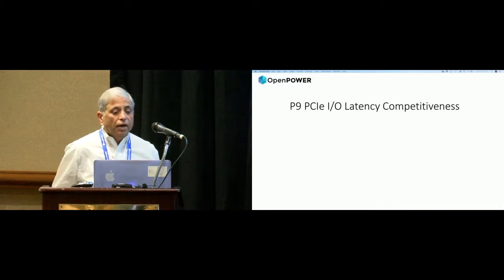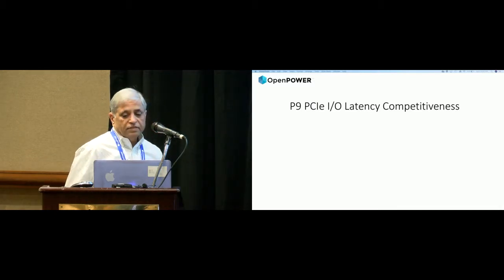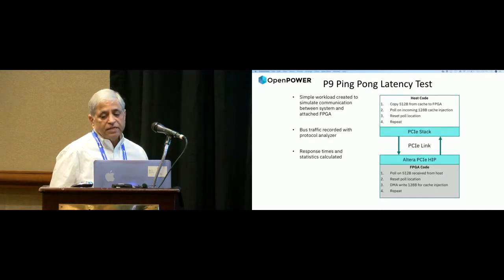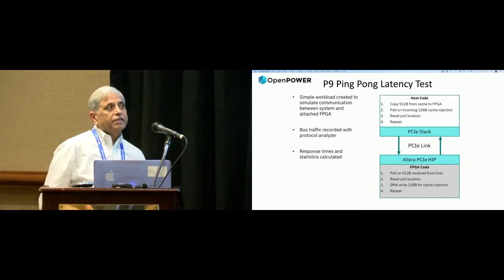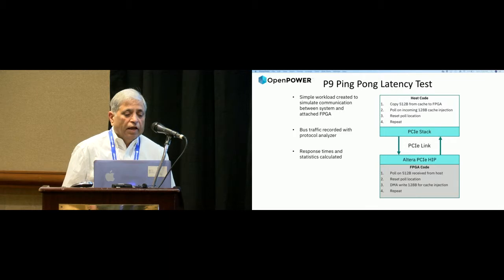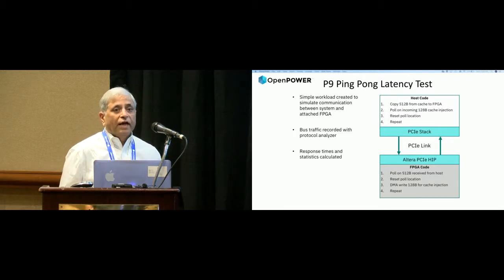Okay, let me talk about latency a little bit. As I said, we improved latency, and we wanted to test it closely to see how competitive we are against x86. We wanted to make sure we do a very fair comparison.